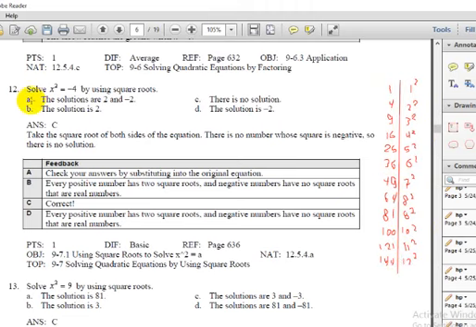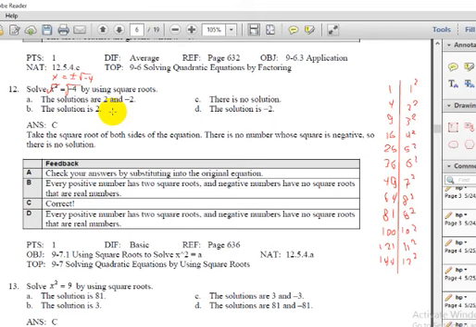Let's see here. x^2 equals negative 4 by using the square root. Let's take the square root of here and square root here. Square root of x^2 will be x. And here it will be equals plus or minus. Don't forget, plus or minus square root of negative 4. Do I have a real number which has a negative square root?